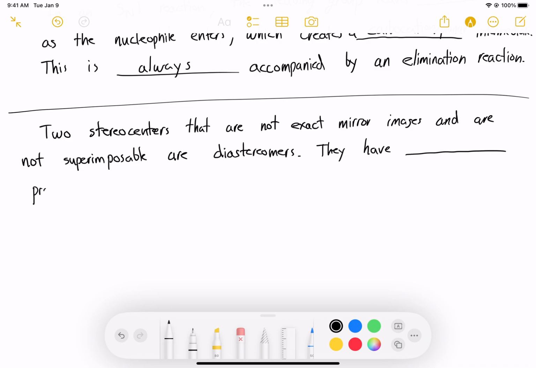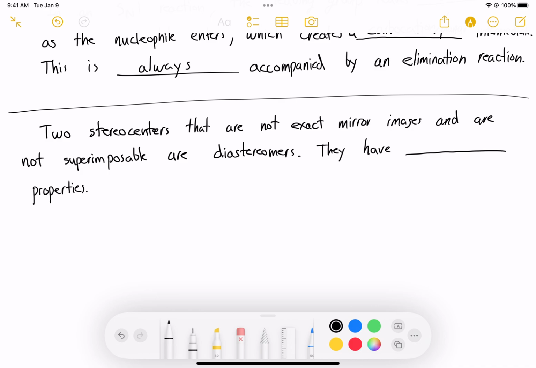So remember diastereomers. If we think about cis and trans diastereomers or stereoisomers, like alkenes, they have different properties, right? So in this case, they won't have identical properties. They won't have the same properties, except in chiral scenarios. Those are enantiomers.